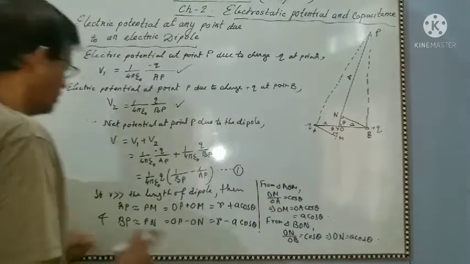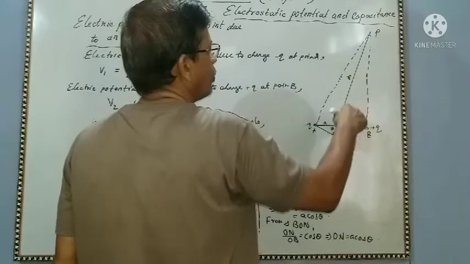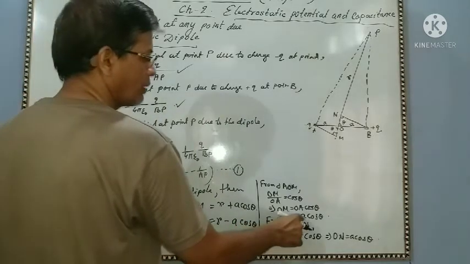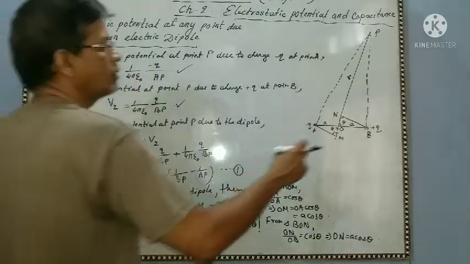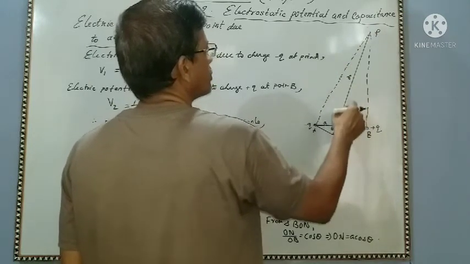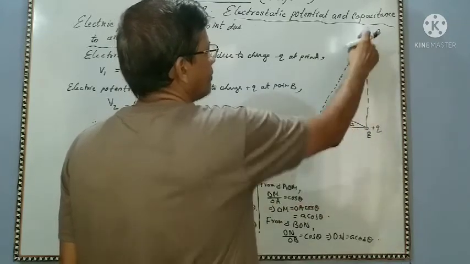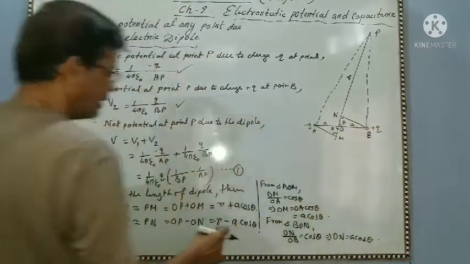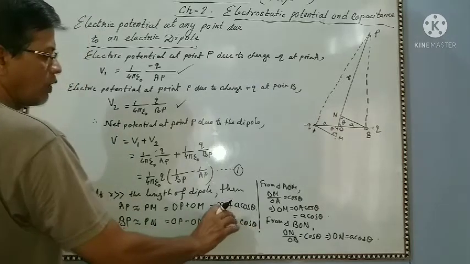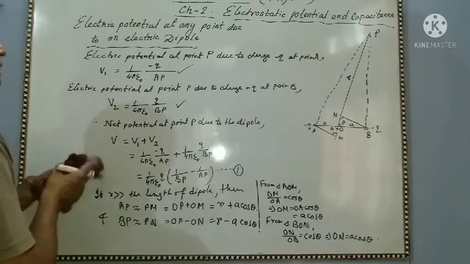So PM equals OP plus OM, OP means r. Similarly, BP is nearly PN, and PN equals r minus ON, where ON means a cos theta. So now we put these values in equation 1.